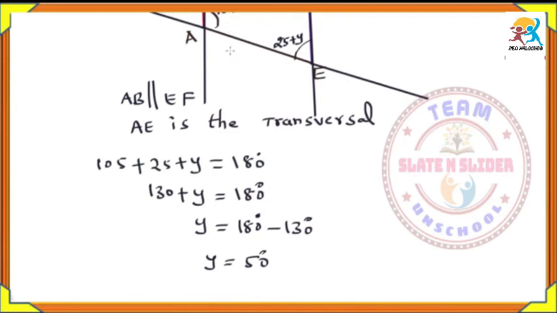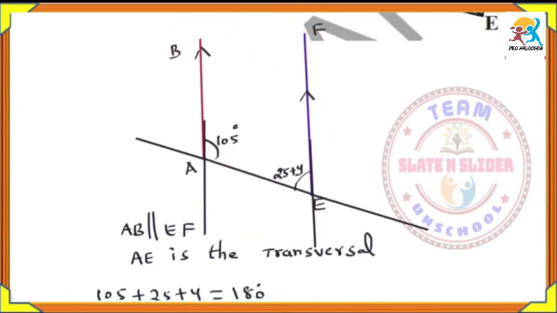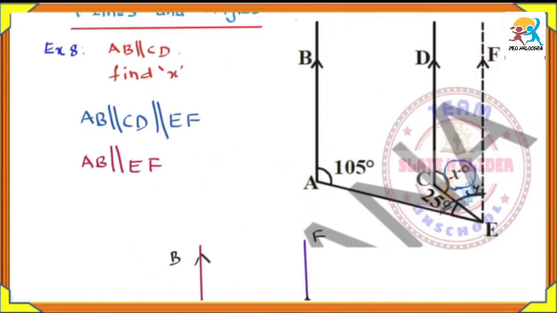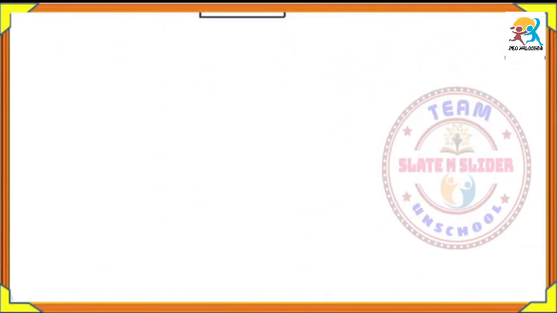Now we will substitute this value at y. So if you write y as 50, then the figure will be like this. Now we can draw again the CD line and the EF line. Again we will draw. This is CD and this is EF, and both the lines are parallel, and we have a transversal there.